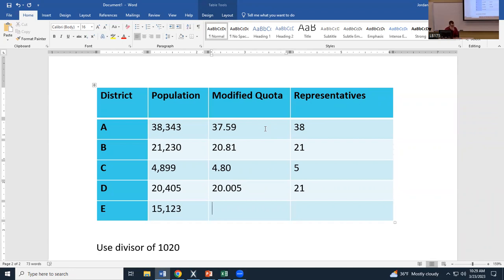Okay. And then 15,123 divided by 1020 is 14.83. I gotta move that one up to 15. And that's my allocation. Does that make sense?